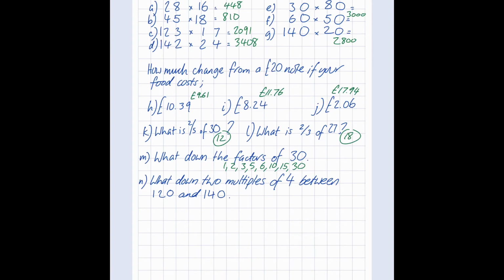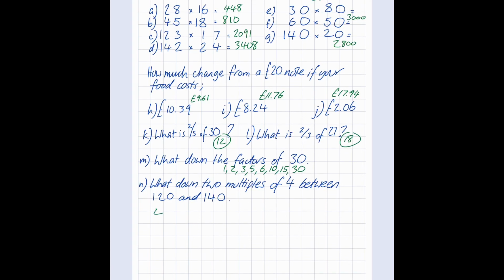Okay, the last question. 2 multiples of 4 between 120 and 140. Okay, well, if I count up in 4s, right, I know that 40 is a multiple of 4, don't I? If I double 40, that is a multiple of 4. And if I add on another 40, that is a multiple of 4. So from 120, I can just count onwards in 4s, can't I?